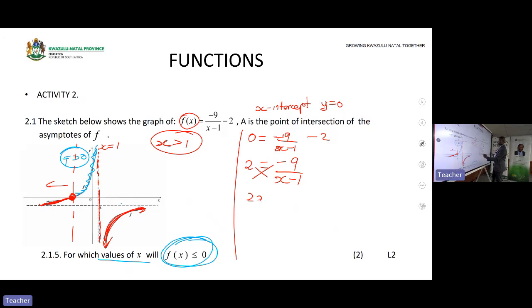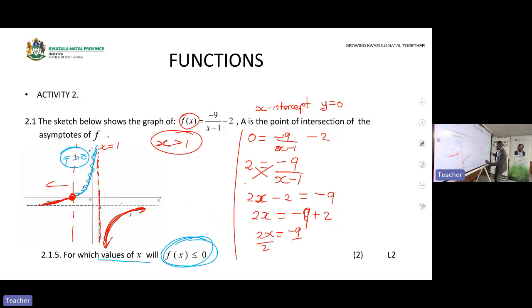Then you'll have 2x. We have calculated the x-intercept even in our previous questions. You'll have 2x, 2 multiplied by negative 1, it's negative 2, equals to negative 9 times 1, which will be negative 9. Then 2x equals to negative 9, you transpose this 2, it will be positive 2. Then we'll have 2x equals to negative 9.